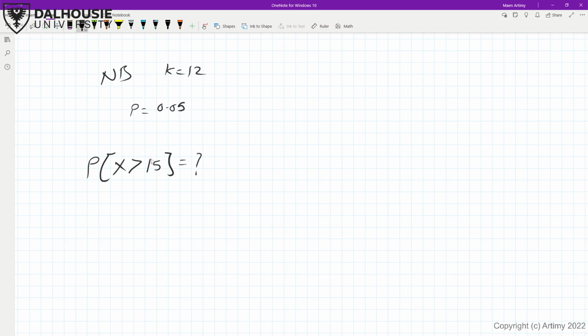So I need more than 15 to get the 12. I can say this is equivalent to saying: what is the probability of having less than 12 successes in n trials, n is 15? Why did I use Y instead of X? Because now this is a different distribution with a different random variable. So I turned it from a negative binomial to a binomial distribution.